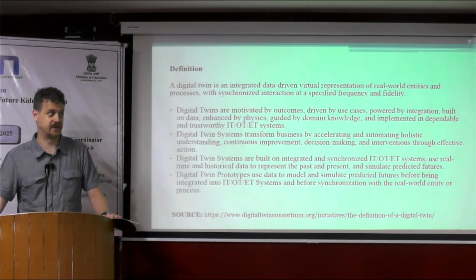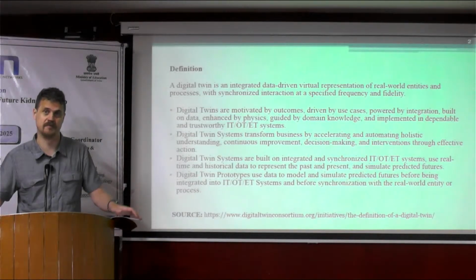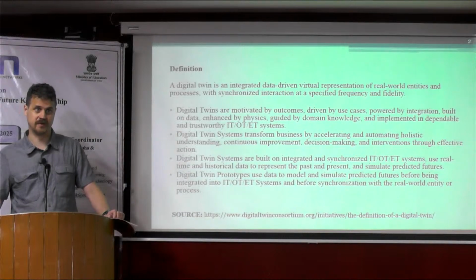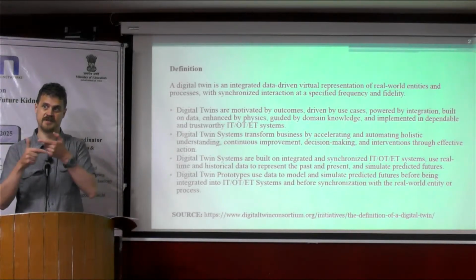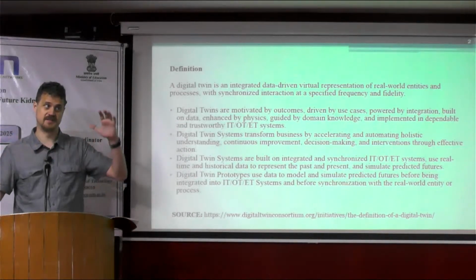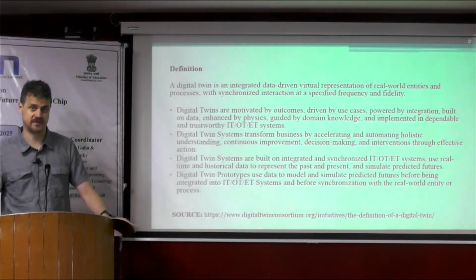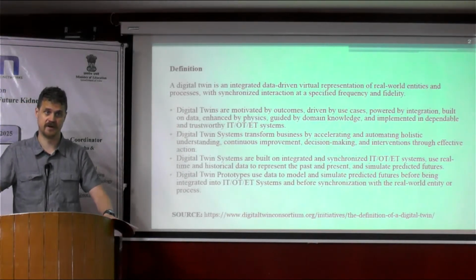But the core difference between digital twin or just a simple mathematical representation of some object is that digital twin requires a bidirectional constant data exchange between the physical twin and the real life object, the physical counterpart.